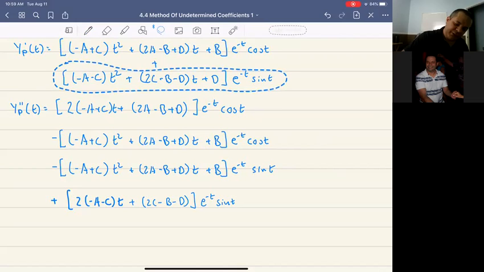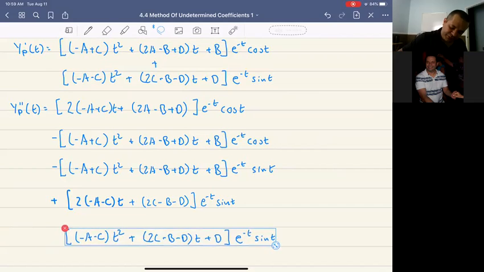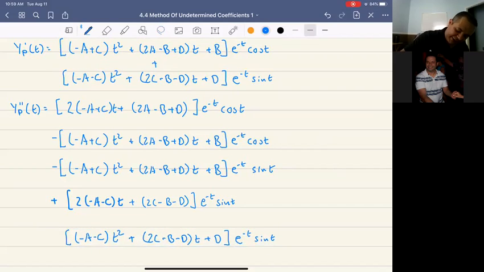The next term, I'm going to just copy and paste it again. This one's going to get a minus because of the e to the negative t.